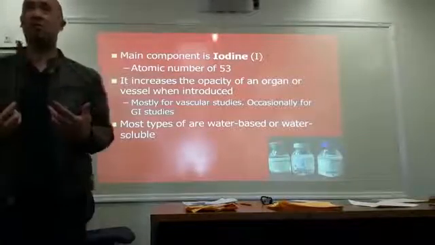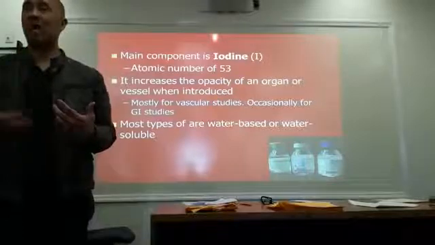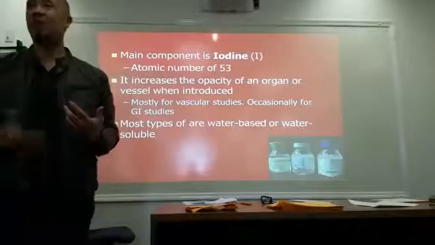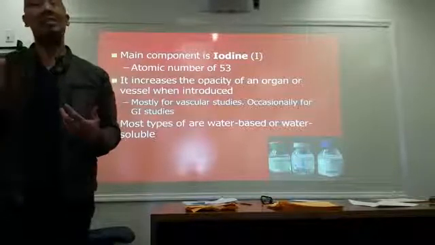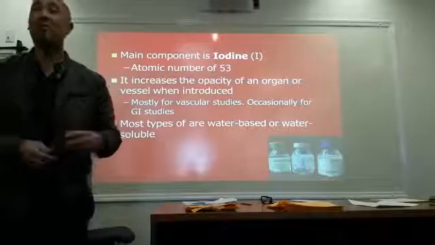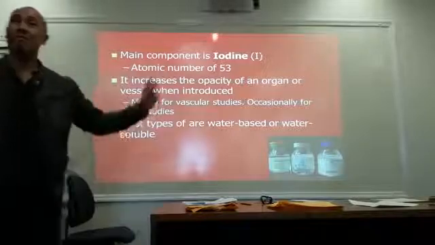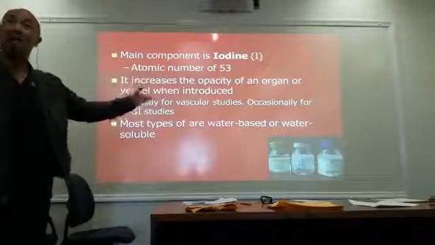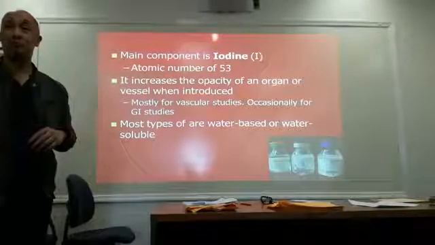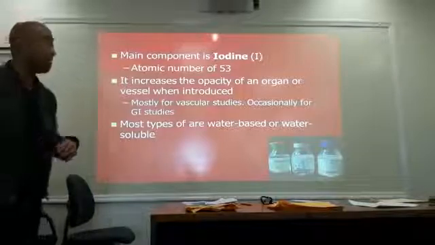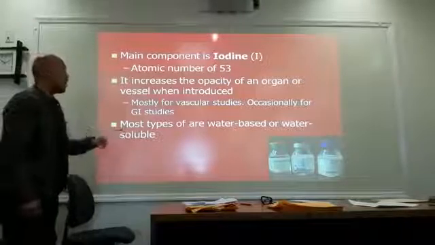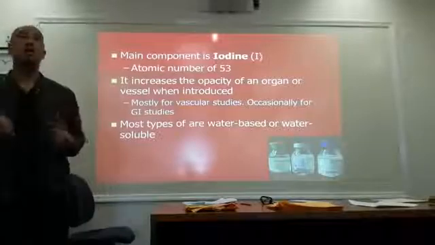It can't get absorbed, so we have to evacuate it. We have to get rid of it. Isn't iodine a metal too, though? Iodine is a type of metal, yes. But barium is not absorbable. Iodine, although metallic, is absorbable by your body. So most types are water-based or water-soluble, meaning that your body is going to absorb it.